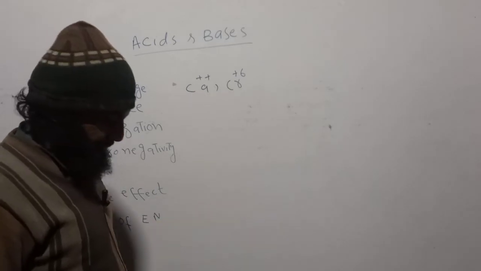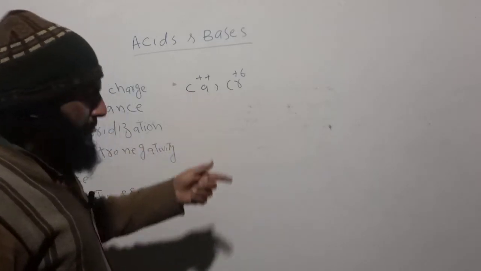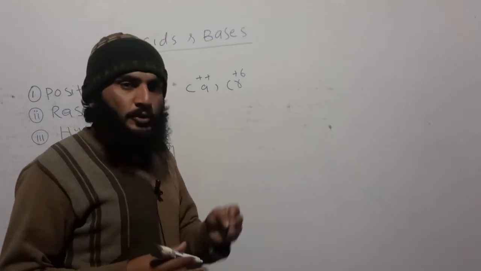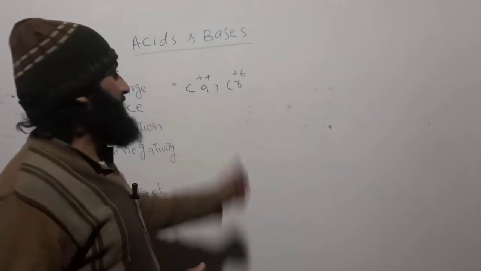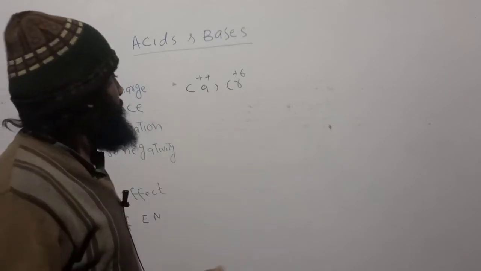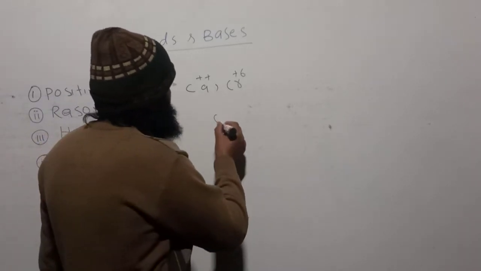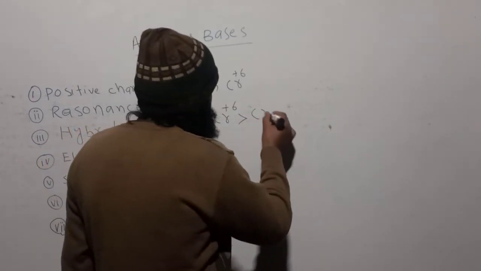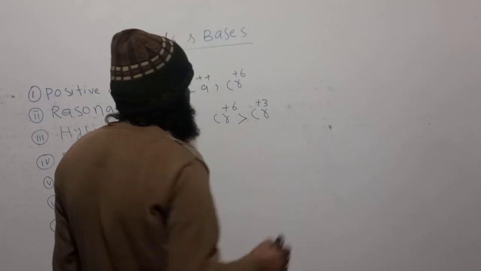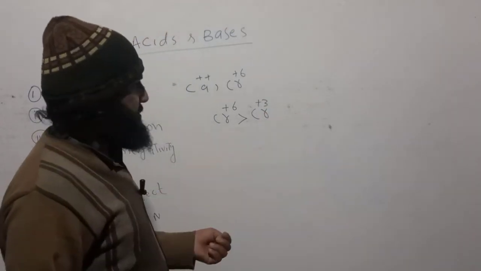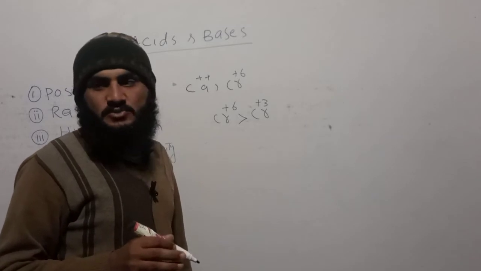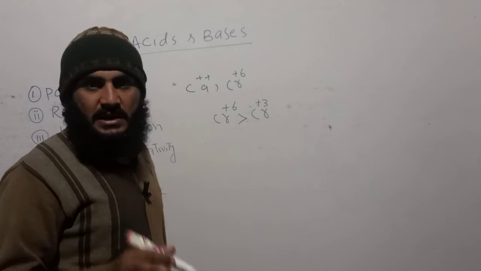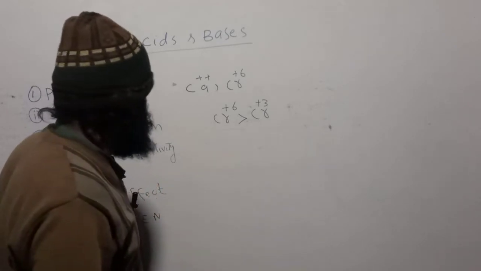The first trick: a species or ion having more positive charge will be more acidic. So chromium plus 6 is more acidic than chromium plus 3. A species which has higher positive charge will be more acidic than a species which has less positive charge.